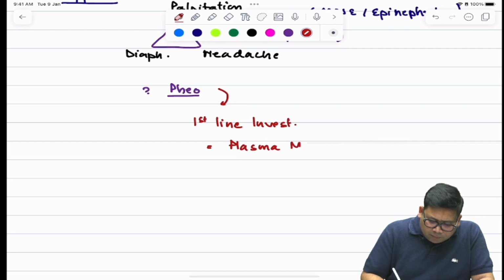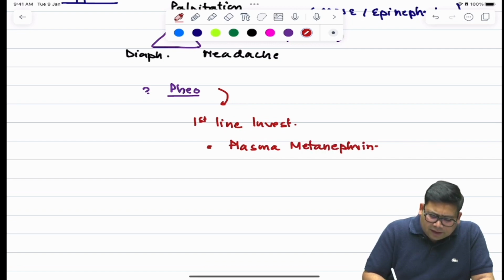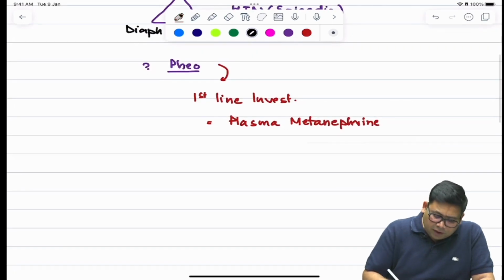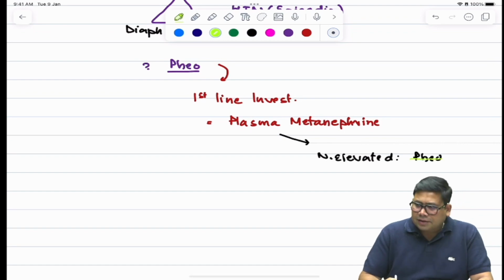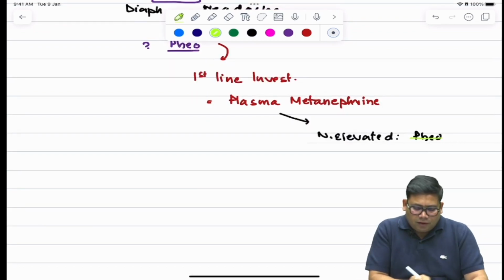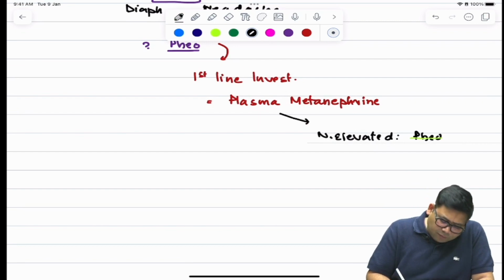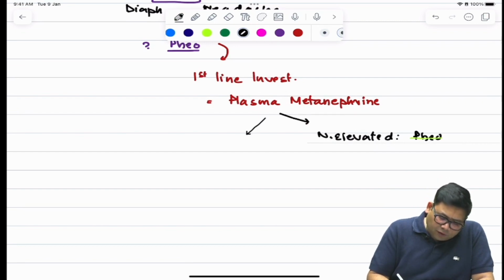Do you know that plasma metanephrine is not having any diagnostic significance? However, if the plasma metanephrine is not elevated, in that case it could be anything but not a what students? A pheo. So pheo is ruled out in this case. This is again very important. Let us try to understand if plasma metanephrines are found to be what students?